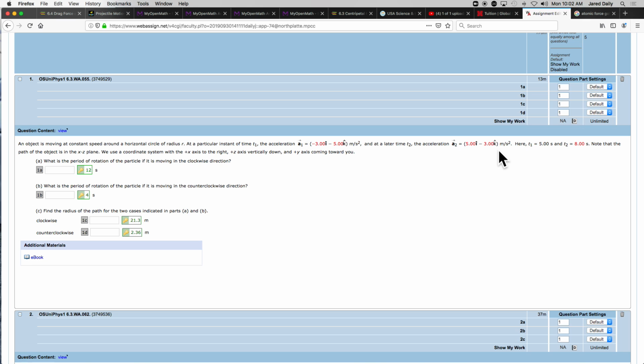Going counterclockwise, you go 0.75 periods. So you go 3 seconds divided by 0.75. That gives you part B.